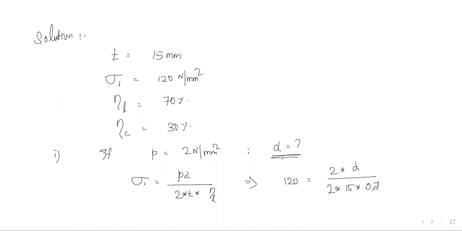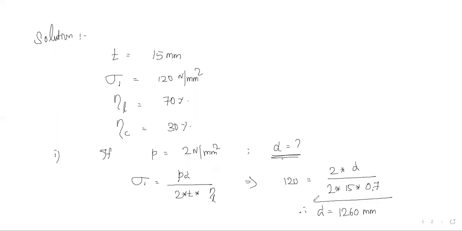Therefore D is equal to 120 into 2 into 15 into 0.7 divided by 2. It becomes 1260 mm.